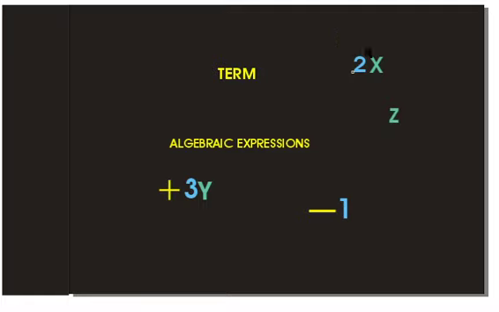For example, in 2x plus 3y, if we combine with minus 1, we get 2x plus 3y minus 1. This is an algebraic expression of 3 terms. Likewise, we have 1 term, 2 terms, and 3 terms.